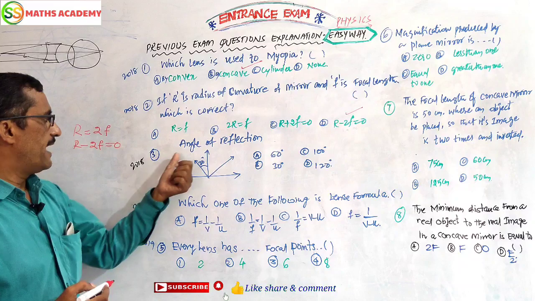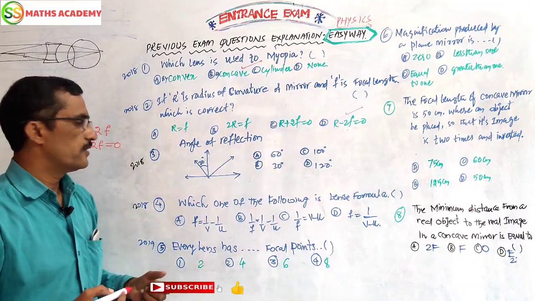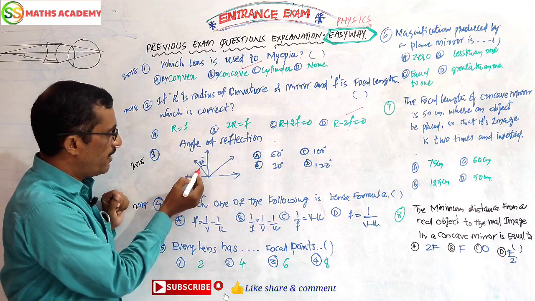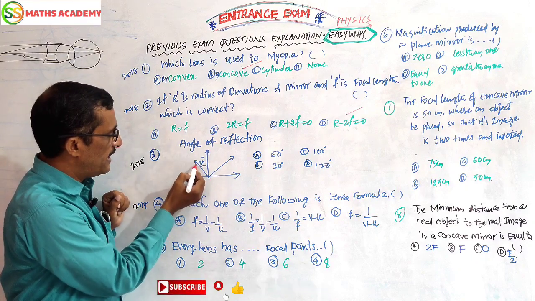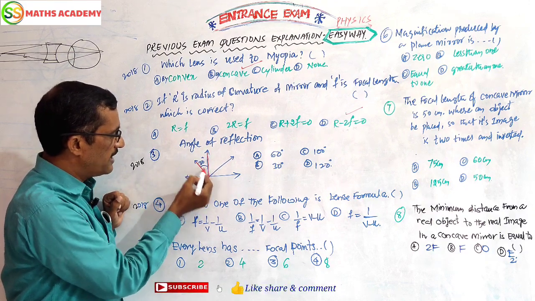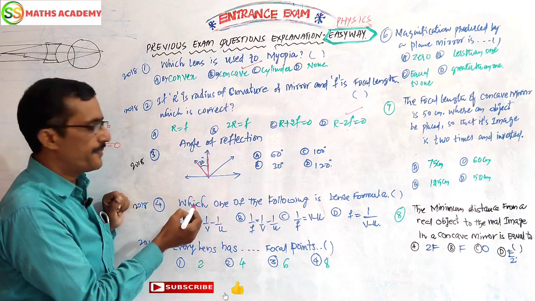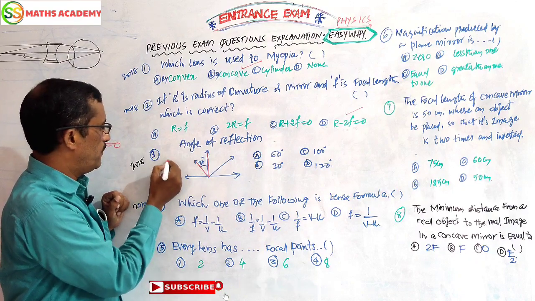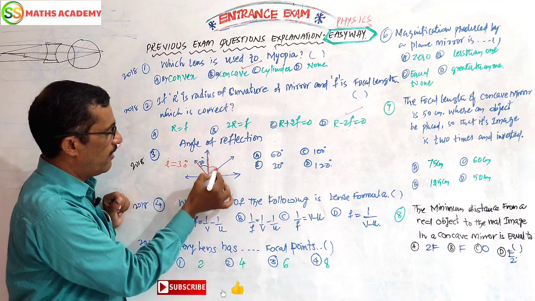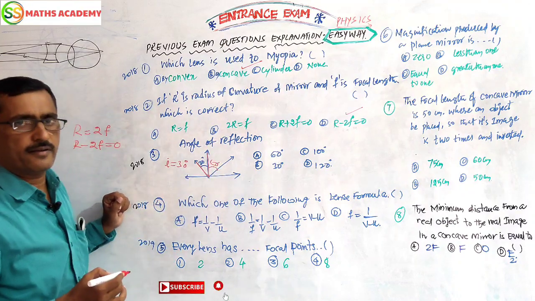Next, third question, angle of reflection. We have to find the angle of reflection from the given diagram. What is the meaning of angle of incidence? The angle between the incident ray and the normal is called the angle of incidence. Here they give I equal to 30 degrees. We have to find the angle of reflection, R equal to question mark.